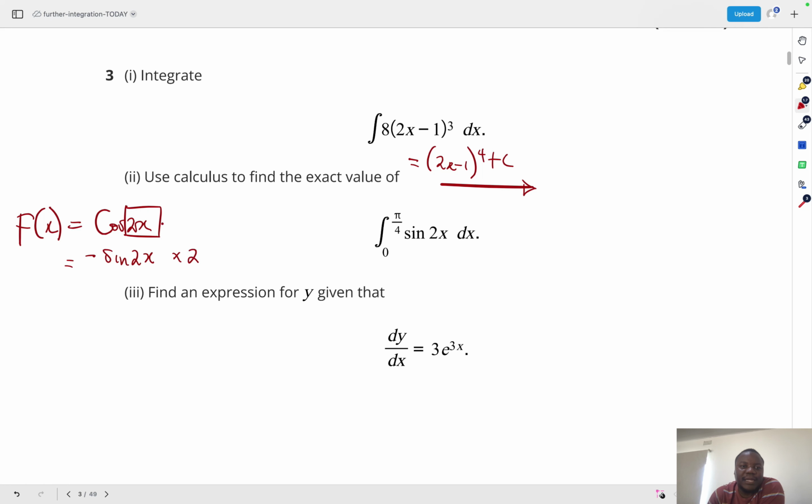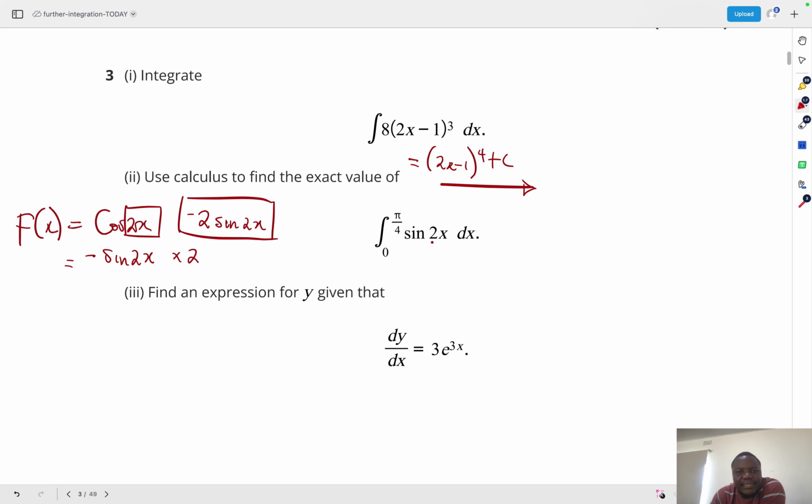So this would then become negative 2 sin 2x, okay. This is what we would get when we differentiate cos 2x. There is that negative 2 that comes there.